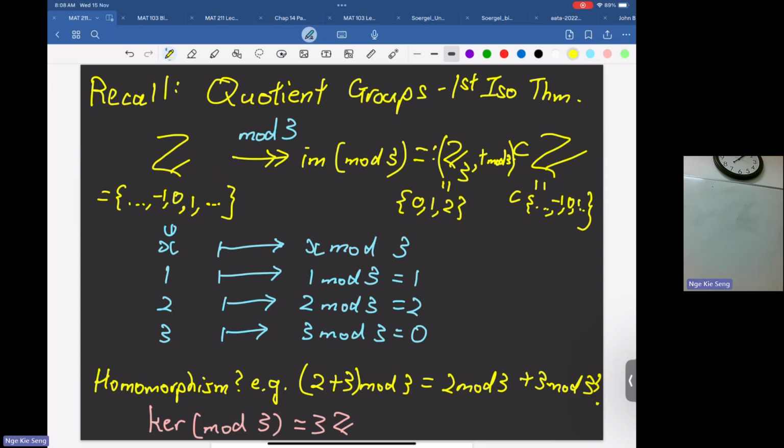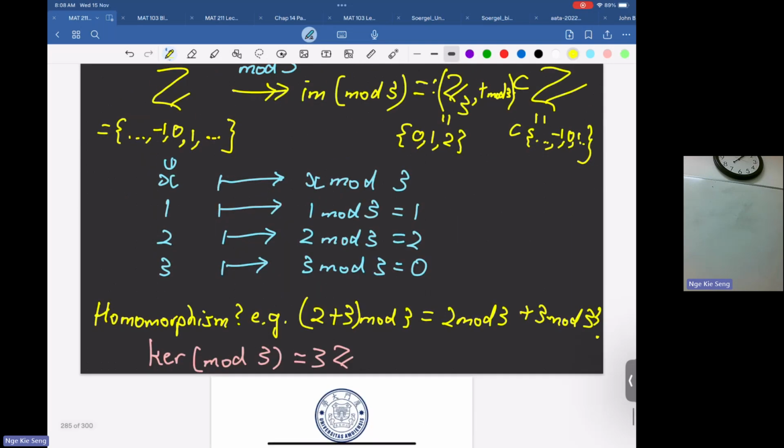So this is the kernel. Is this kernel normal or not? The kernel is always a normal subgroup. A normal subgroup has one nice property. What's the nice property? If I have a subgroup, what can I do to my original group?